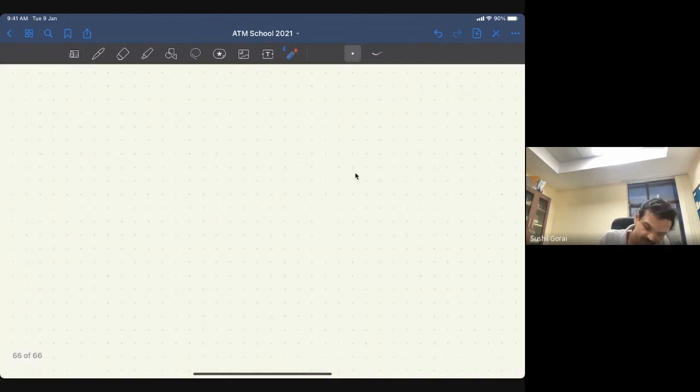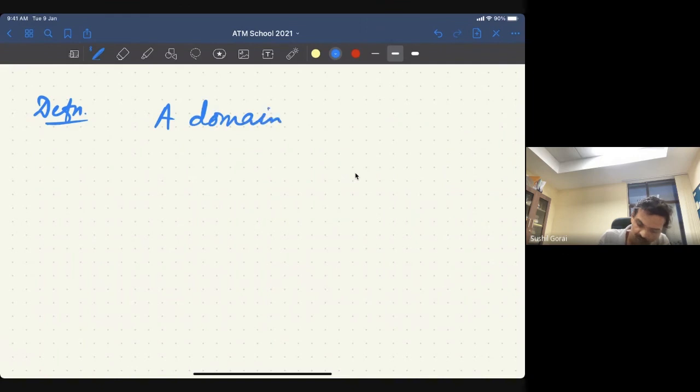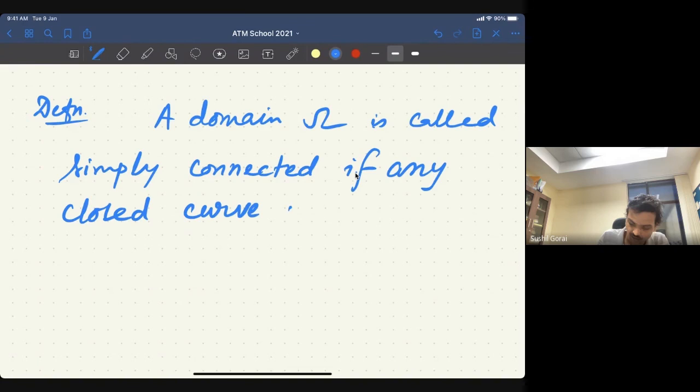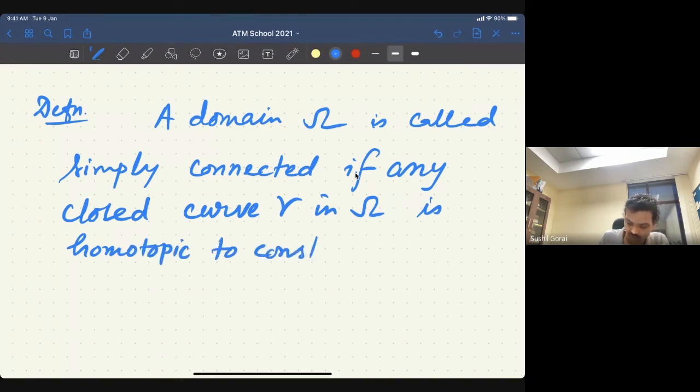And next, a remark, or maybe a definition: a domain omega is called simply connected if any closed curve gamma in omega is homotopic to a constant.